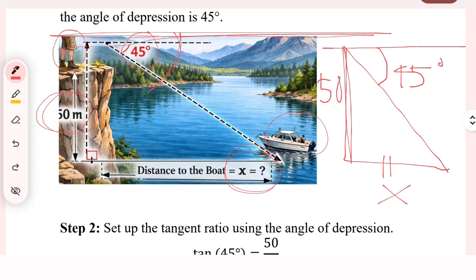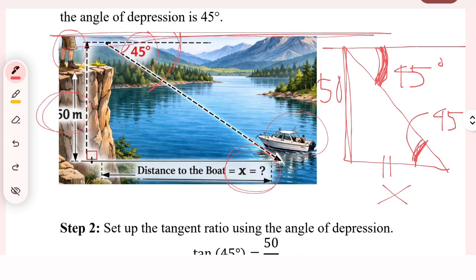Now, if this angle is 45, do you think this angle of the triangle is also 45? Will those two angles be the same? If the angle of depression here is 45, will this angle also be 45 degrees?